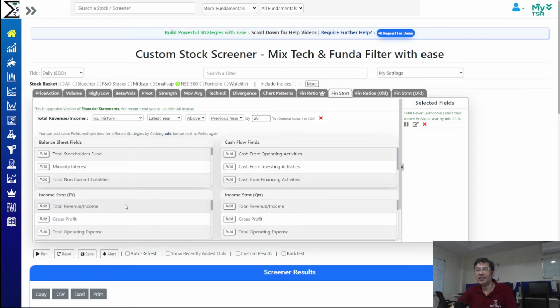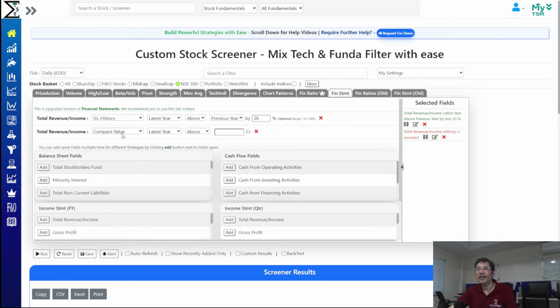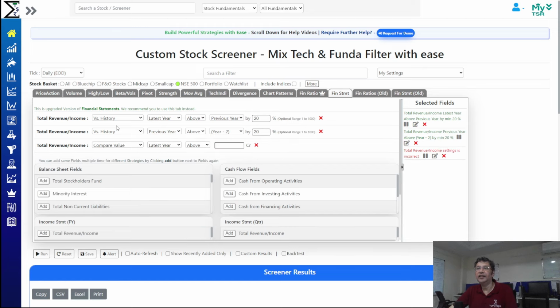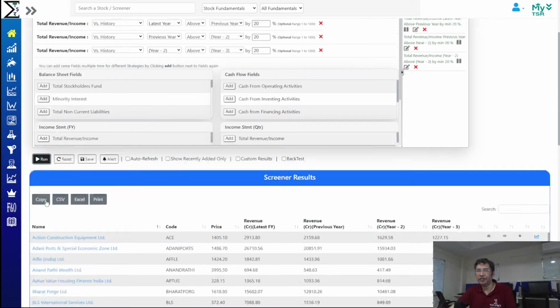Then you can add another such field: previous year is greater than previous minus 2 by again 20%. Then we add another field which says that previous minus 2 is greater than previous minus 3 by 20%. So what we are getting is companies which are growing at a very good pace for the last 3 years, and each year growth is more than 20% compared to the previous year.